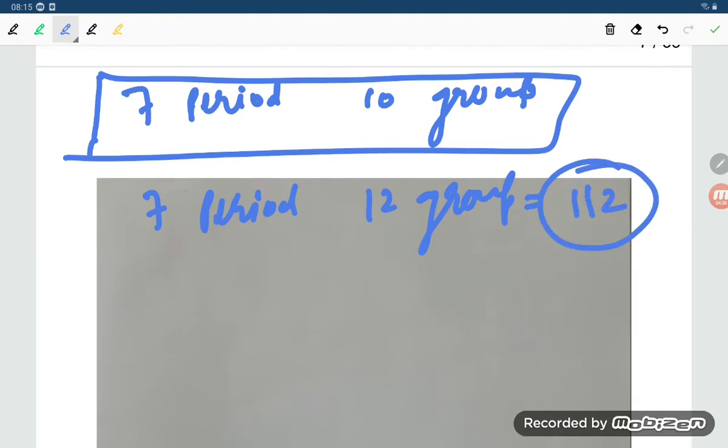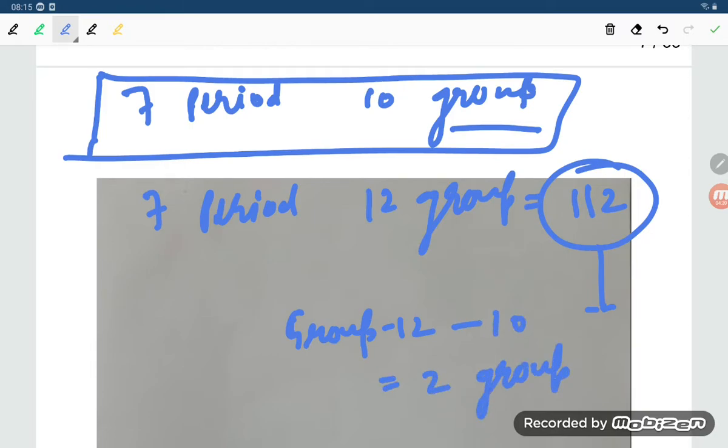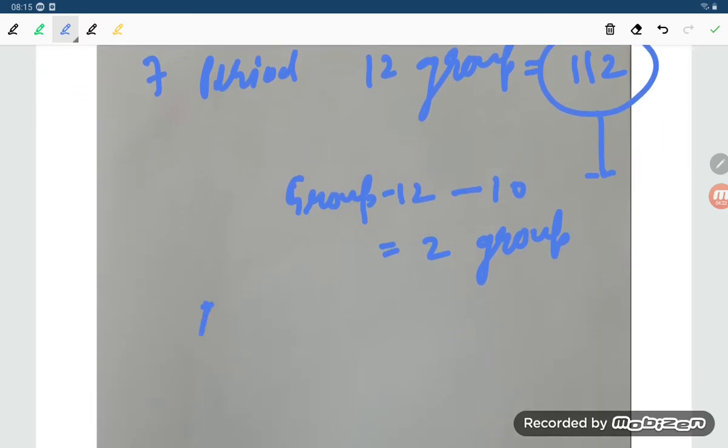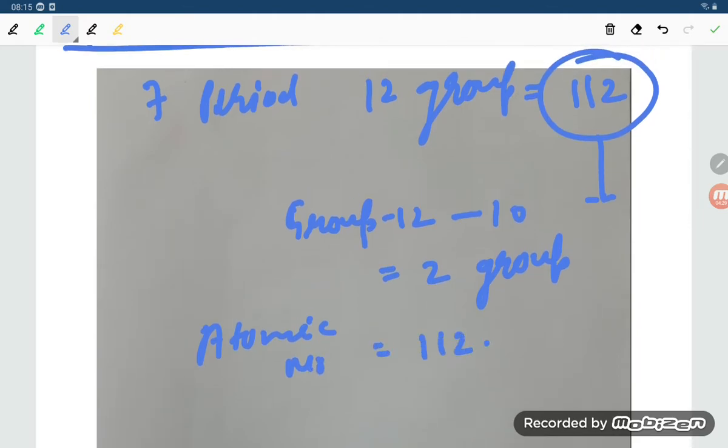Now the group is decreasing, so how much? Group 12 to 10 means 2 groups. So 2 groups means the atomic number is 112 minus 2, so 110.